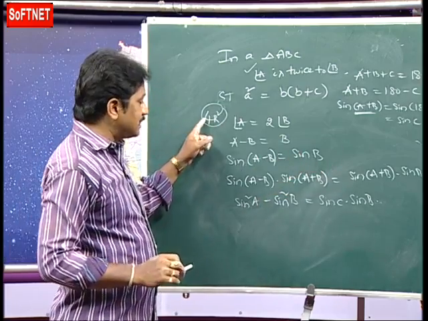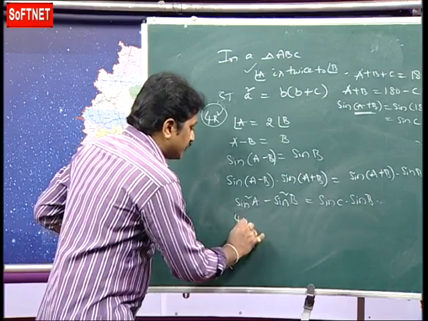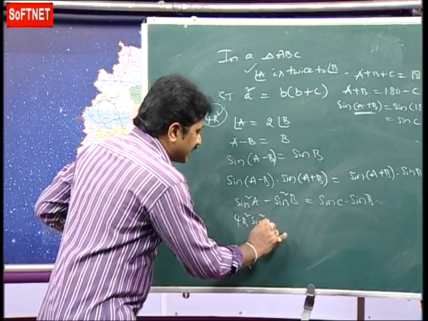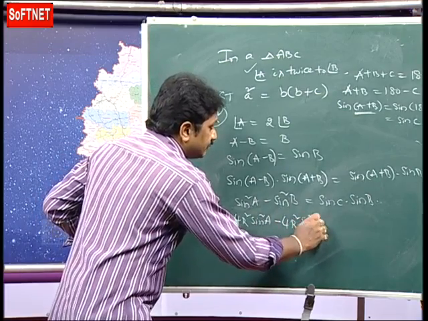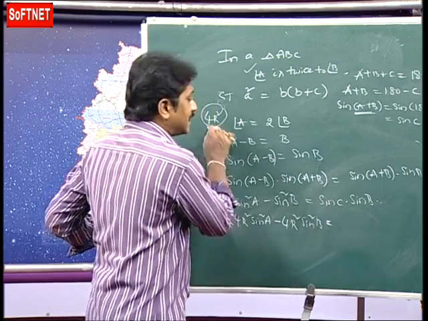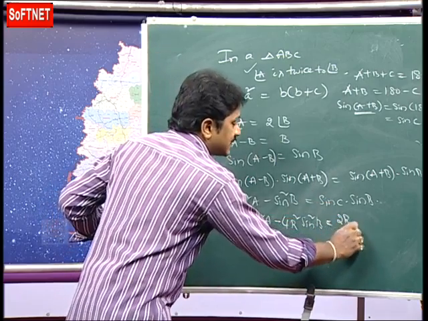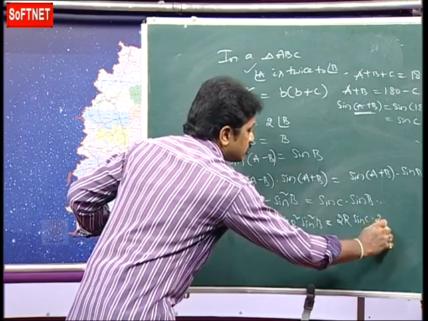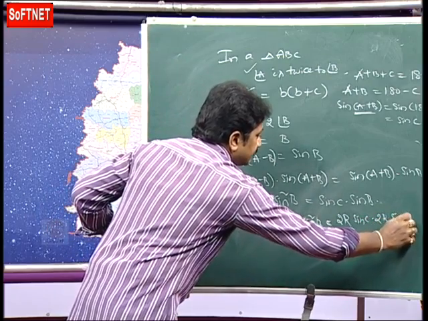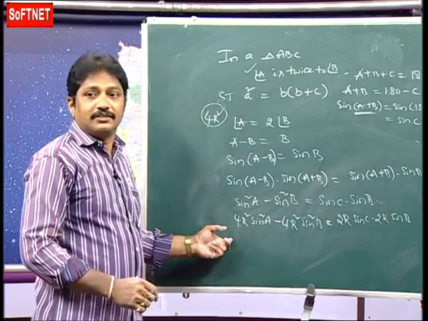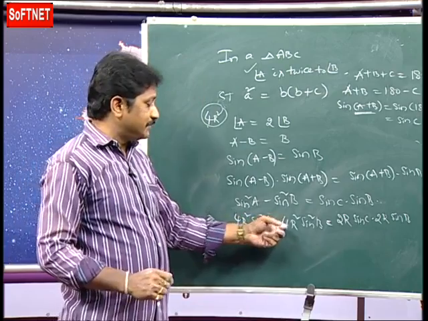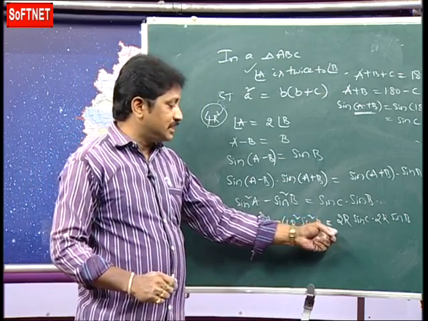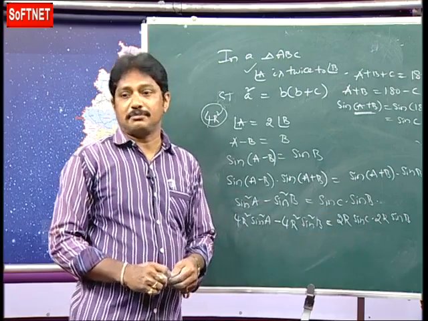So it is 4r square sine square A, and 4r square sine square B, and this 4r square I will write as 2r sine C into 2r sine B. So is it clear? 4r square sine square A minus 4r square sine square B is equal to 2r sine C of 2r sine B.